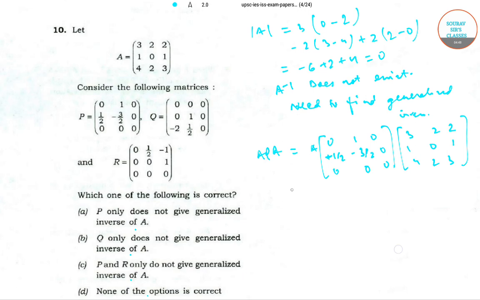Now, if we multiply these, we get this to be A into 1, 0, 1, 0, 1 minus half, 0, 0, 0, which is definitely not equal to A, because this needs to be a unitary matrix for this to be equal to A. Thus P does not give the generalized inverse of A, because if P would have given the generalized inverse of A, this would have been equal to A.